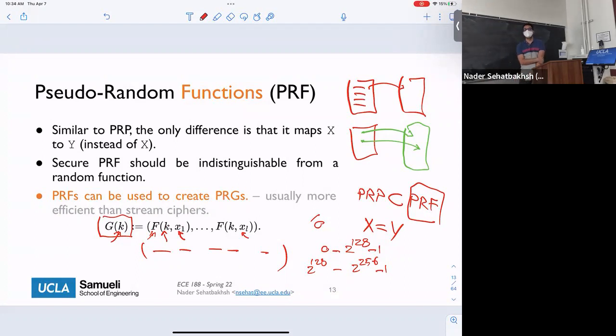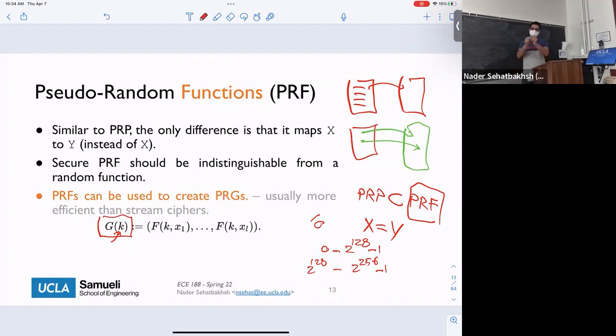Could you repeat how we create PRGs from PRFs, the last one? The function? Yeah. Think about it: we have this function that creates outputs for us, and it looks random. So what we do is call this function multiple times with different inputs, and each time it creates different outputs for us.